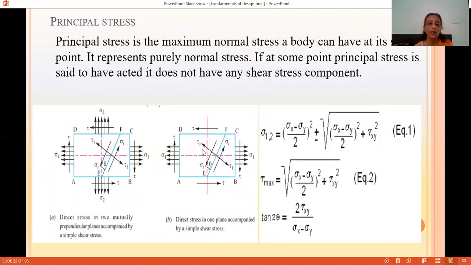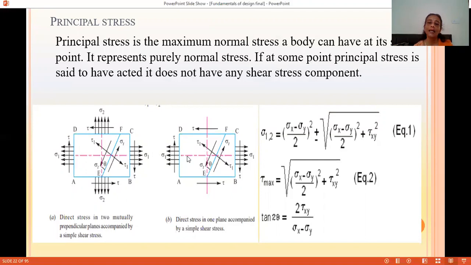And here there is only one directional normal stress along with the transverse shear stress. I was telling you about the major and minor principal stress. This is the formula of major principal stress where there is a plus sign in between.